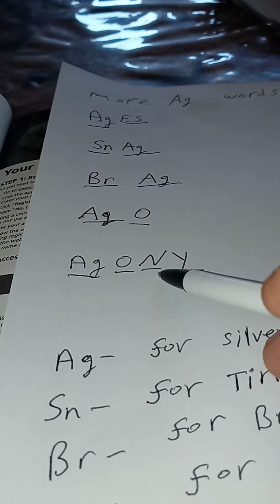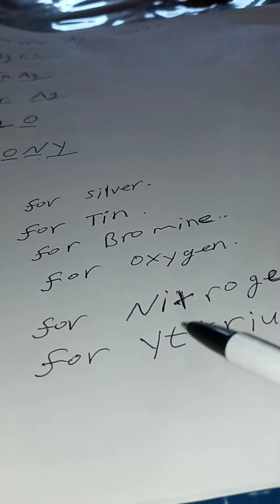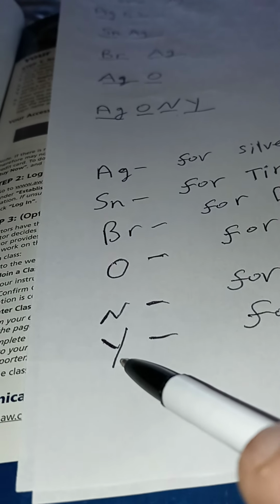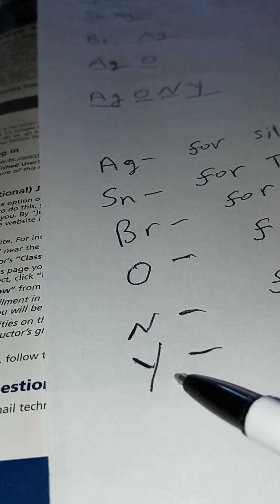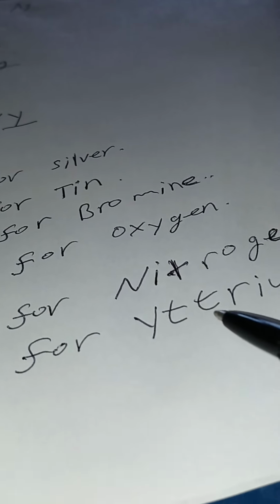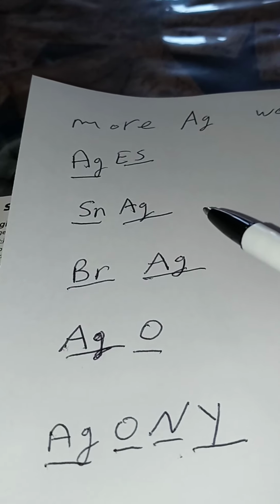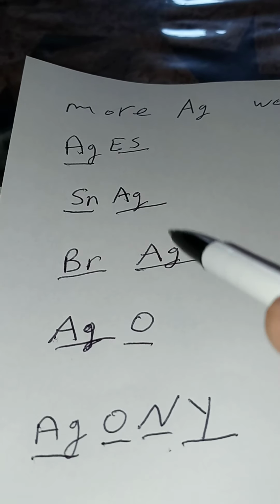Then you've got capital N for nitrogen, N-I-T-R-O-G-E-N, and capital Y for yttrium, Y-T-T-R-I-U-M. So here are some words to remember Ag, capital A and a small g, for silver.